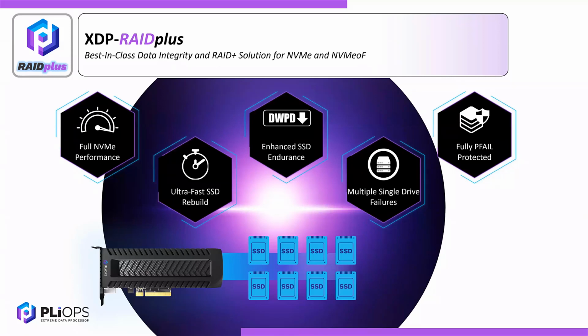And after a rebuild, you can go back to a RAID 5 solution. So going from RAID 5, drive failure, going back to RAID 5. And then fully PFIL protected. This has an NVDRAM solution on board with supercaps that allows for sudden power down scenarios.